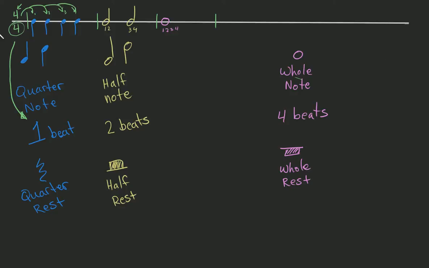Okay? So there's one more we have to talk about. But first, I want to mention one thing about these two. Maybe the half rest and the whole rest look a little too similar and you want to tell them apart, so you can do this.